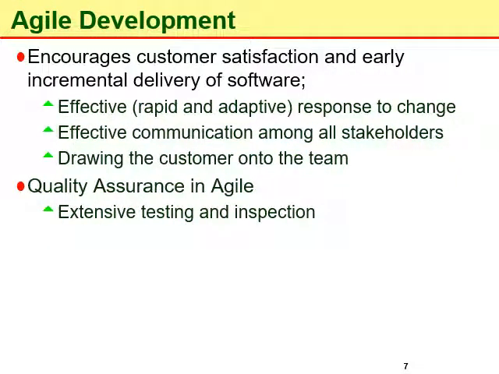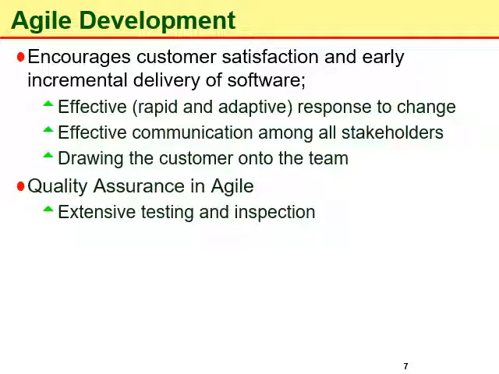Then agile development. Agile development methodologies emphasize customer satisfaction and rapid delivery of the software products. So usually in these projects, the development teams are smaller and usually they do not follow any formal structure.